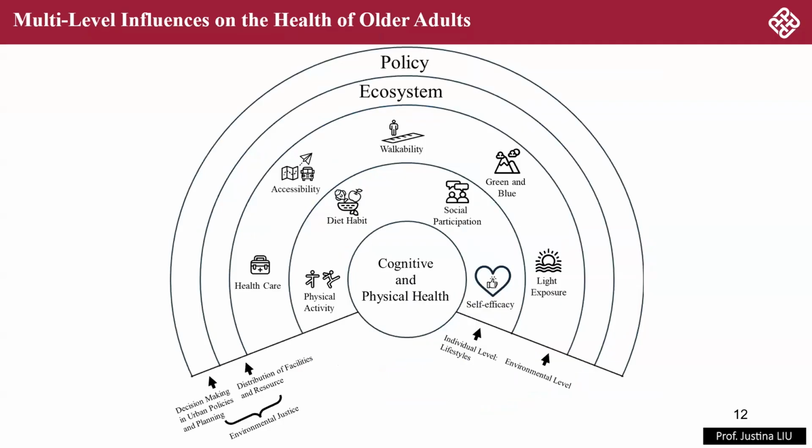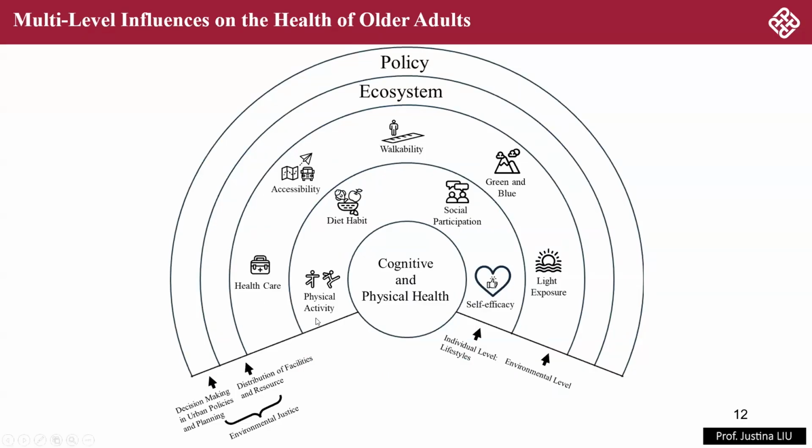This figure further explains how different levels of influence affect the health of older people. The first level refers to the individual level. For example, lifestyle makes a significant contribution to intrinsic capacity.